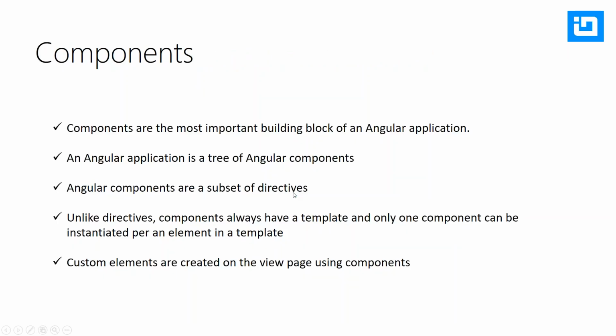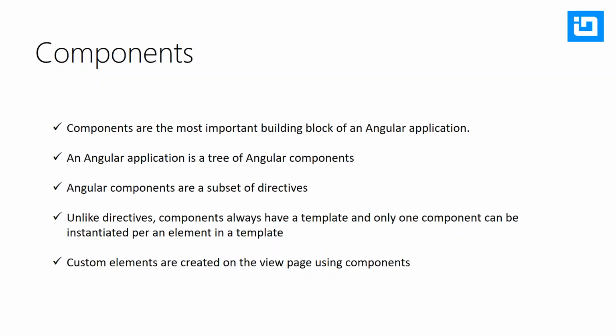Components are the most important building block of an Angular application. An Angular application is nothing but a tree of Angular components. Angular components are a subset of directives. There are three types of directives in Angular: attribute directives, structural directives, and components.